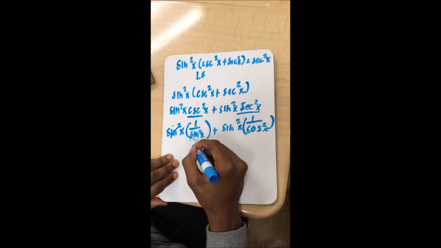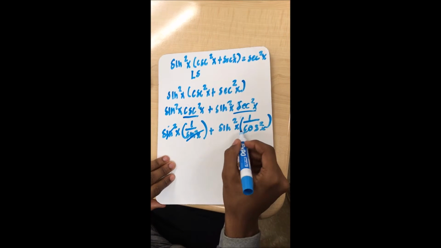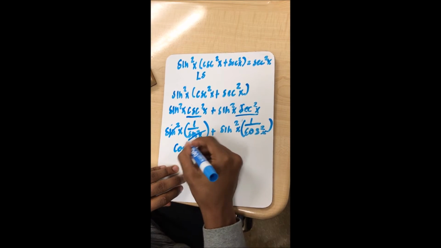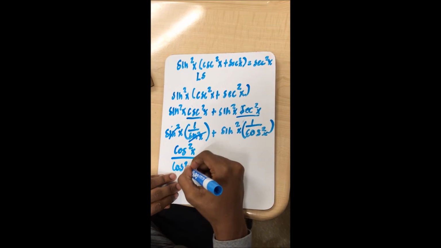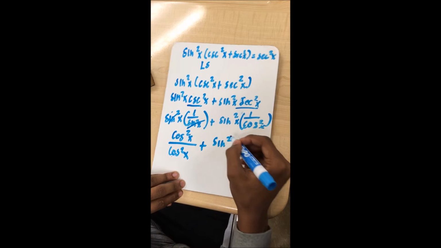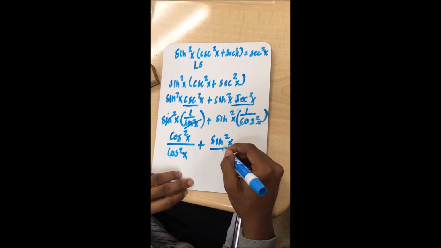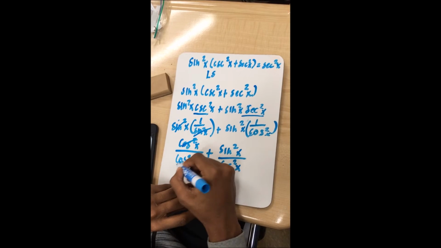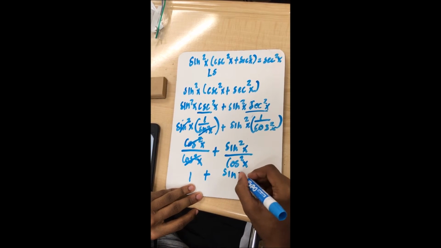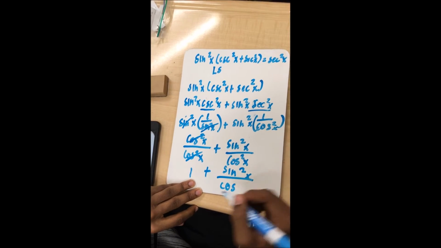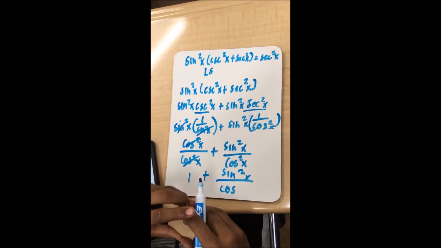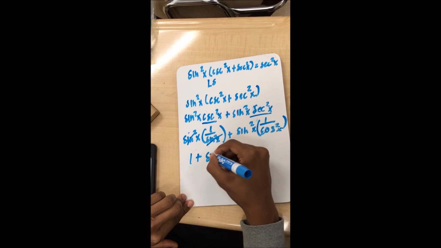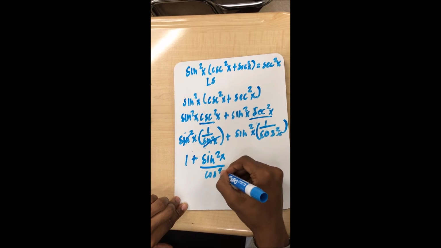The two sines will cancel out, and that will leave us with 1 plus sine squared x over cosine squared x. Basically all we did was cancel those two out.